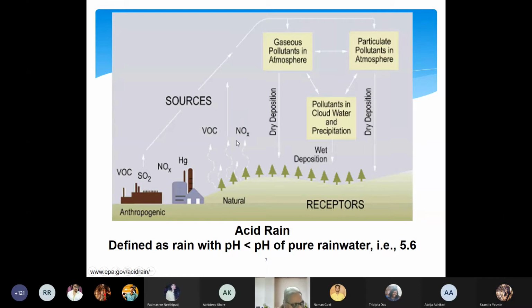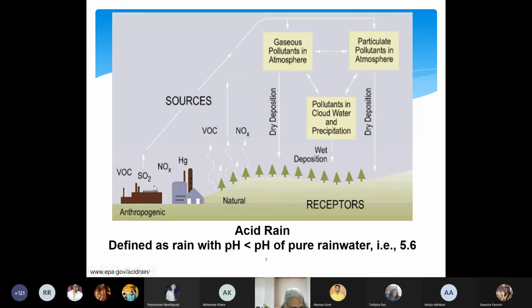And then you have nitrogen oxides. So X stands for, it can be 2, 3, or even 1. So you have nitrous oxide, nitrogen dioxide, and so on. So these are NOx. Now, these emissions can come from the burning of fossil fuels, they can come from natural sources. So these are all being emitted into the atmosphere.